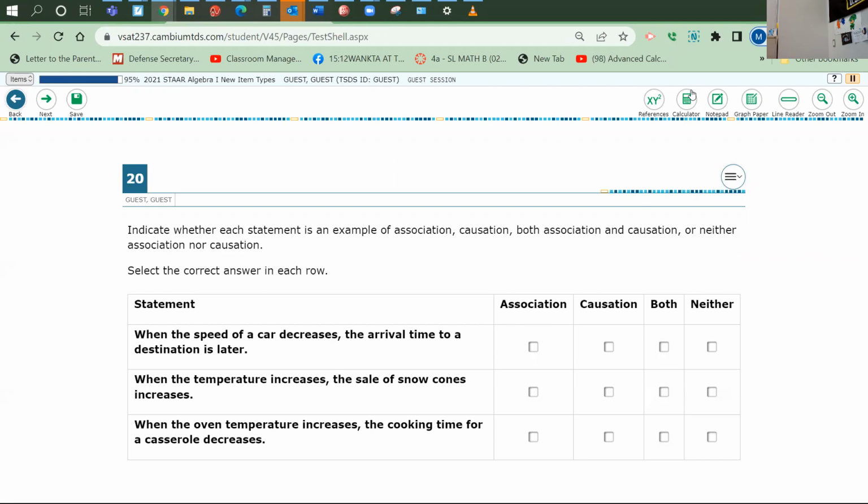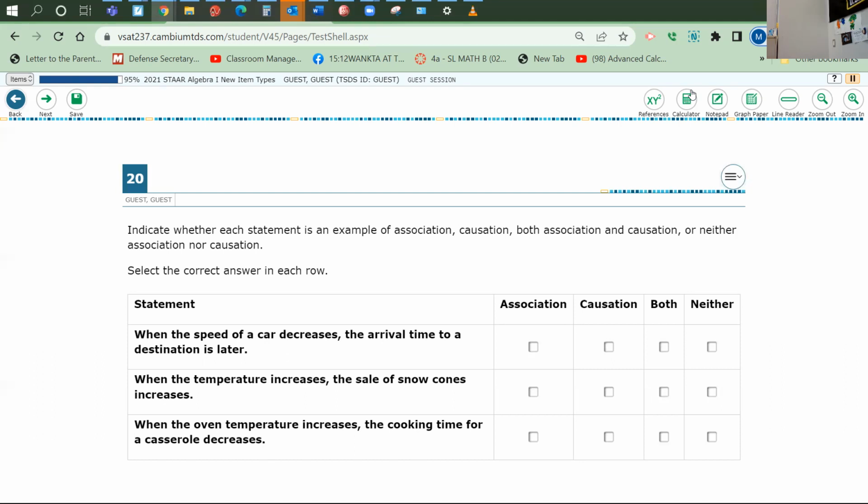You get there later. Is that a true statement? Yeah, I think so. If you drive from here to, say, Sealy at 60 miles per hour, you can get there faster. But if you drive at 30 miles per hour, you're going to arrive a lot later. So there's a direct link between those two. That's causation.